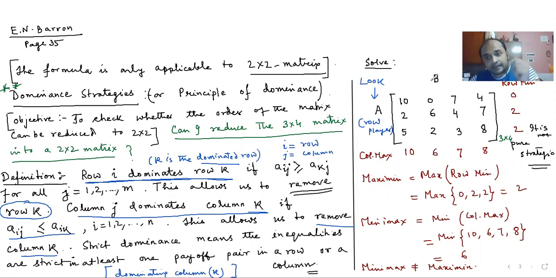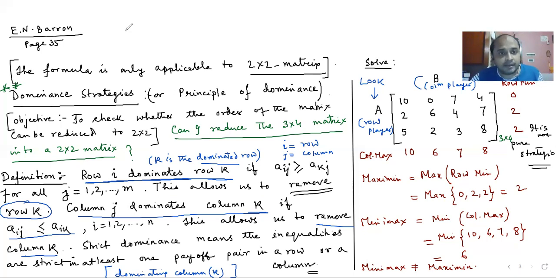But when we consider the columns, capital B is the column player. So here the dominating column is deleted, because the dominated column values are from the perspective of player A, and dominating column values are from the perspective of player B.